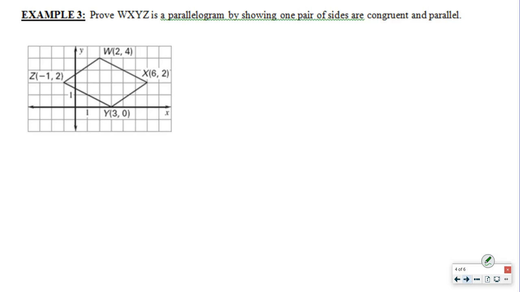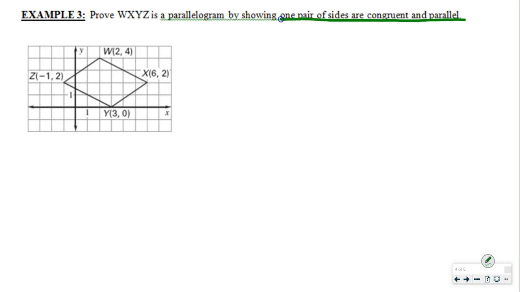Example number 3, we want to prove that WXYZ is a parallelogram by showing one pair of sides are congruent and parallel. So one pair of sides are congruent and parallel, that's just like our 8.9. That's what we're trying to show.